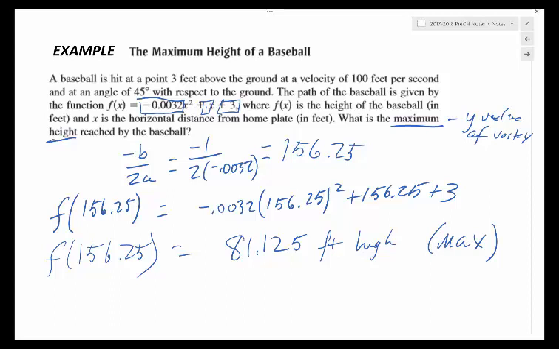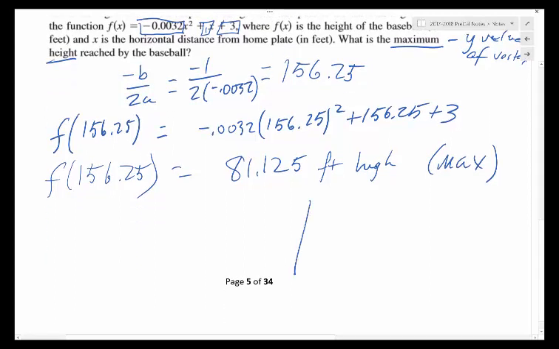Now in this case, if I were to graph it, you have a height of 81.25. It starts here at time index 0. Okay? It starts 3 feet off the ground. And it goes a distance of 156 times 2 is 312.5 feet.